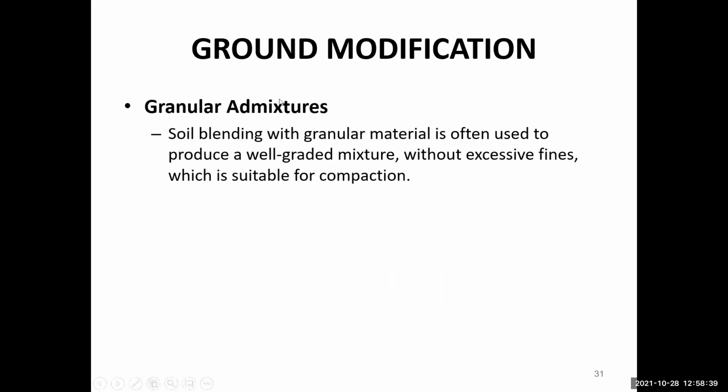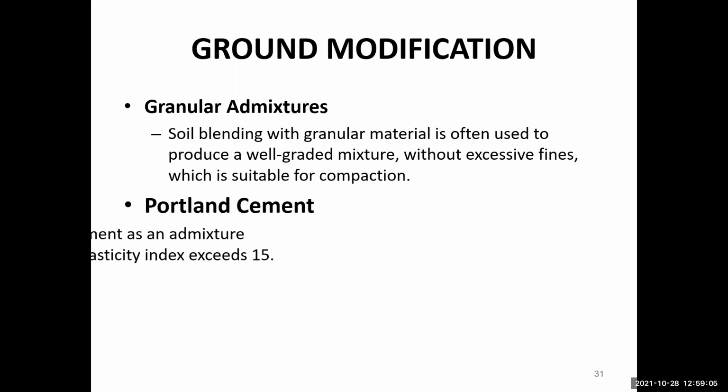Granular admixtures: soil blending with granular material is often used to produce a well-graded mixture without excessive fines, which is suitable for compaction. Basically, the soil is mixed with other materials, so the soil obtained after mixing has better grading.